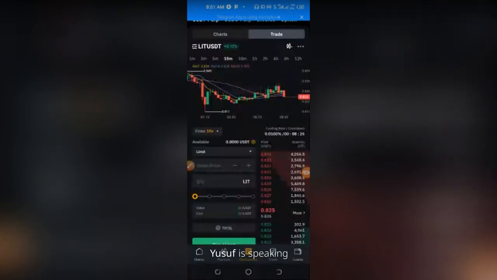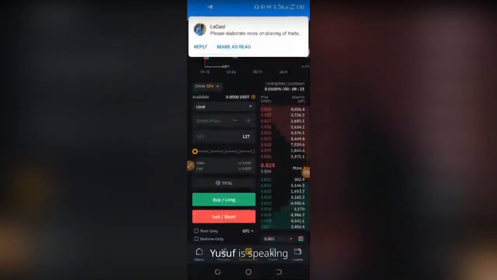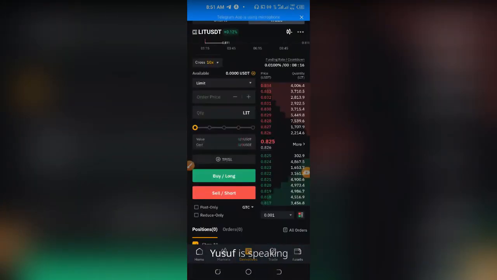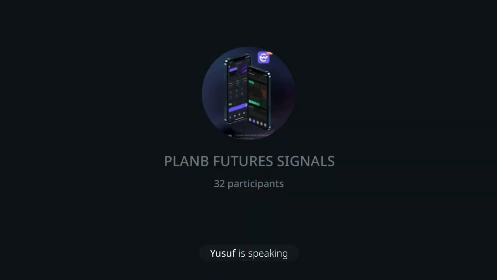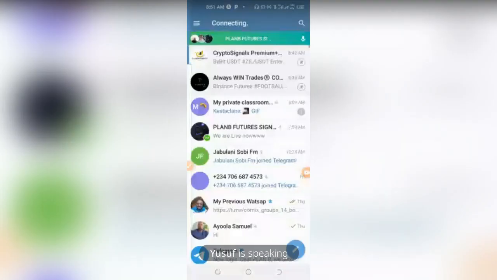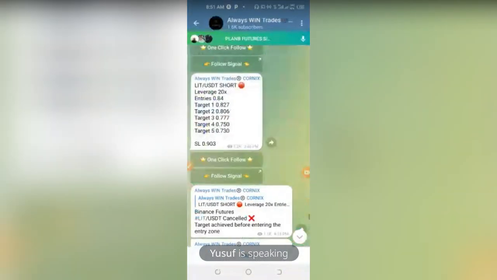So now, when I want to set this 0.82 short position, I will just make sure that, okay, is this trade signal an instant entry or a pending order?